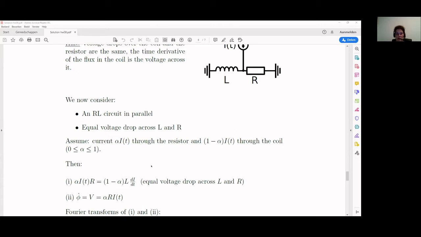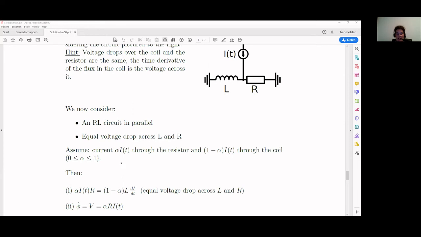So one way to do this, what I did, is I assumed that the current that arrives here splits, of course, across the coil and across the resistor. And I just assumed that there is a certain part of the current, let's call it alpha, that will flow through the resistor. And then there must be the rest of the current, 1 minus alpha, that is flowing through the coil. And alpha is a number between 0 and 1.